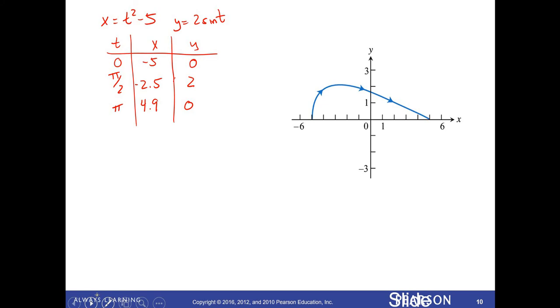Okay? All right, part B asks us to find the highest point on the curve. So I need to find when dy/dx equals 0. Well, dy/dx is dy/dt over dx/dt.